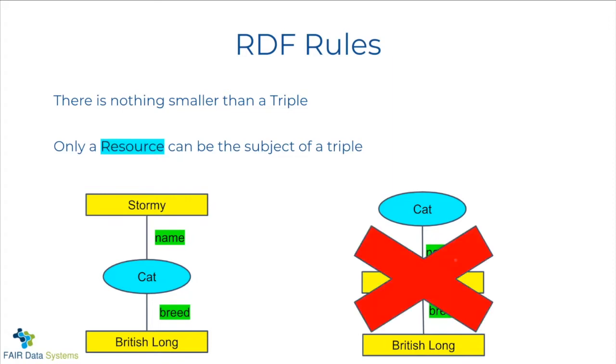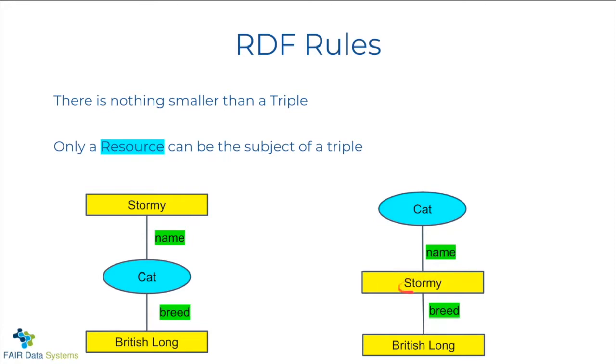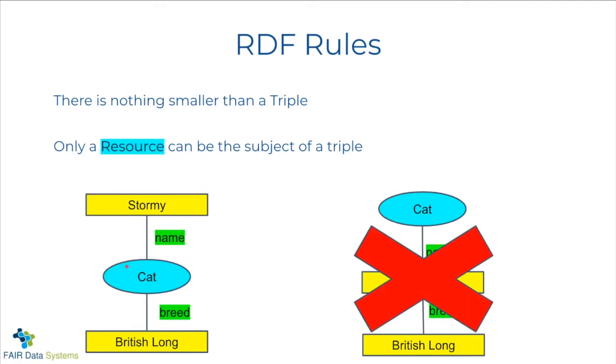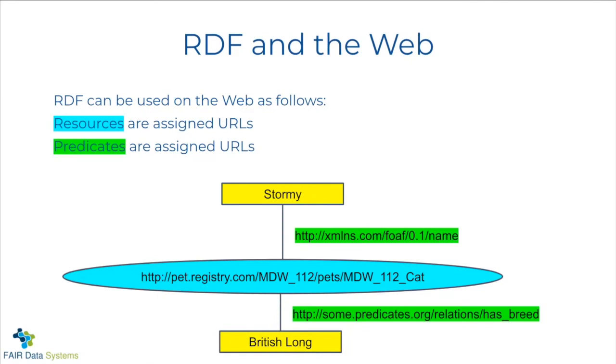The one on the right is illegal because I have Stormy as the subject of the breed British Long triple, and a literal cannot be a subject. So only resources can be subjects. And that's pretty much all the rules there are. You've just learned everything you need to know about RDF.